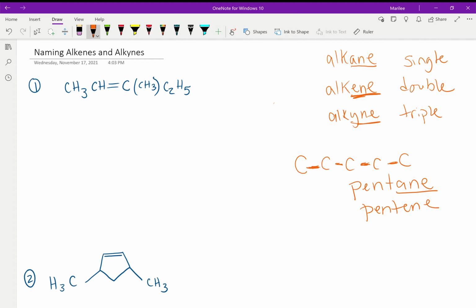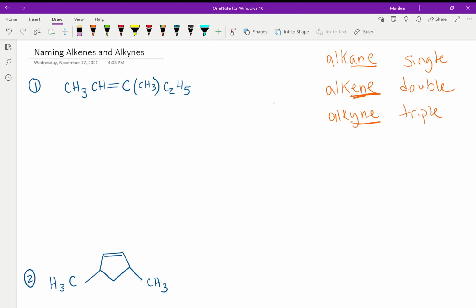And if any of these is a triple bond, then pentane would be changed to pentyne. So this is how the naming ends of the structure. Then we have to put everything together. I'm going to erase this so I have more space to write here.